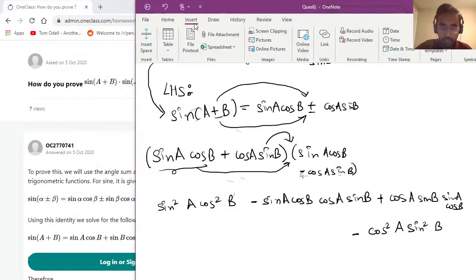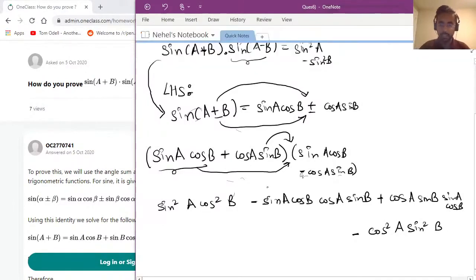If we look at these two terms in the middle, we can see that they're actually exactly the same, except they have the terms written down differently, but we know multiplication is commutative. So we can cancel these two terms, since one is negative and the other positive.